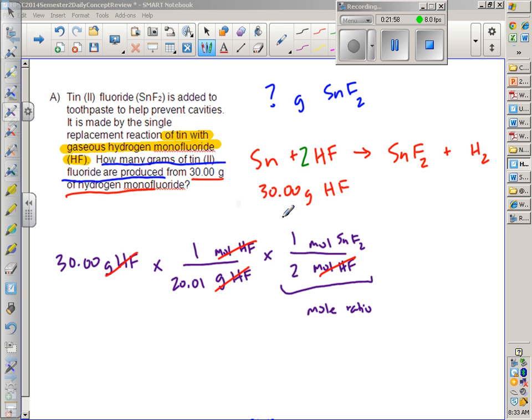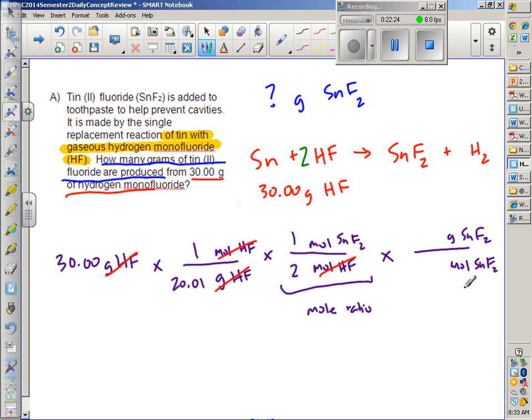But that's not what the problem asked us for, right? Times sign, fraction bar. What unit has to go on the bottom of this conversion factor? Moles of tin 2 fluoride has to go on the bottom. And then what's going on the top of this conversion factor? Grams of tin 2 fluoride. Again, this is okay.